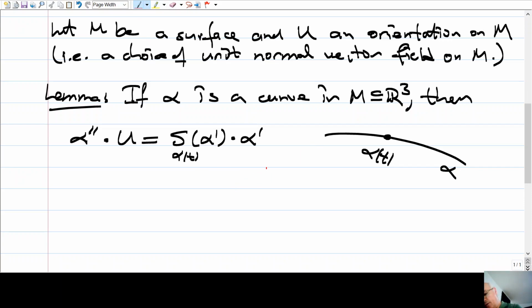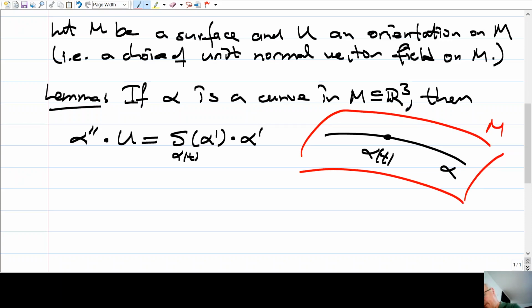Let me draw the surface, let's say surface M, and here is my velocity vector alpha prime t, and then here is my normal vector to the surface u, and let's say this is the acceleration vector alpha double prime t.